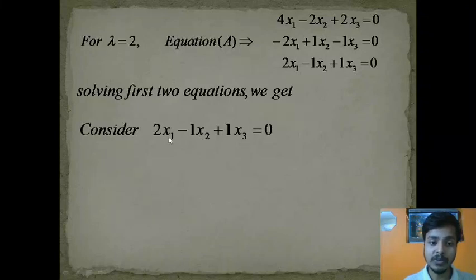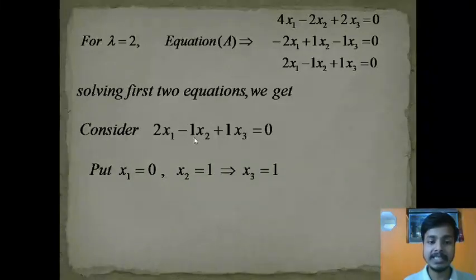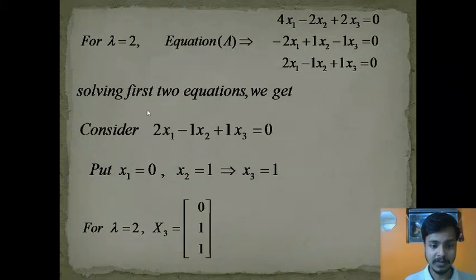Now take x1 as 0 and x2 as 1 and put it in this equation to get the value of x3. So this is 0. When you put x2 equal to 1, this is minus 1, and when you take it to the right, you will get x3 as 1. So for the eigenvalue lambda equal to 2, we have eigenvector x3 equal to 0, 1, minus 1.